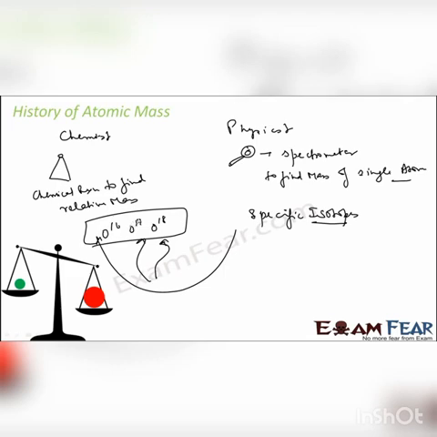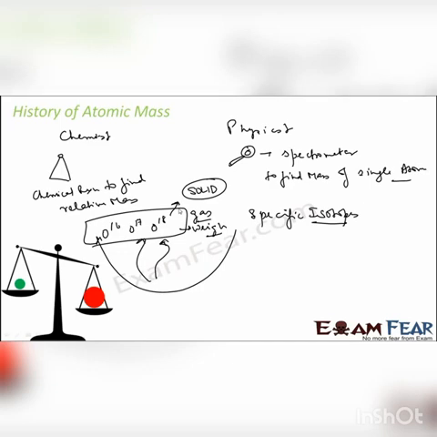Also, chemists were not very comfortable with oxygen. Why? Because oxygen is a gas. Since it is all chemical analysis, they have to weigh, right? And weighing a gas is difficult. So they wanted something solid, for example carbon, or iron, or aluminum, or gold.